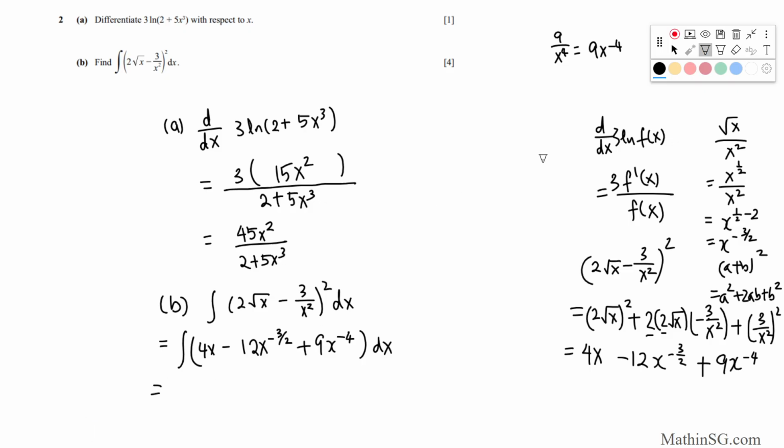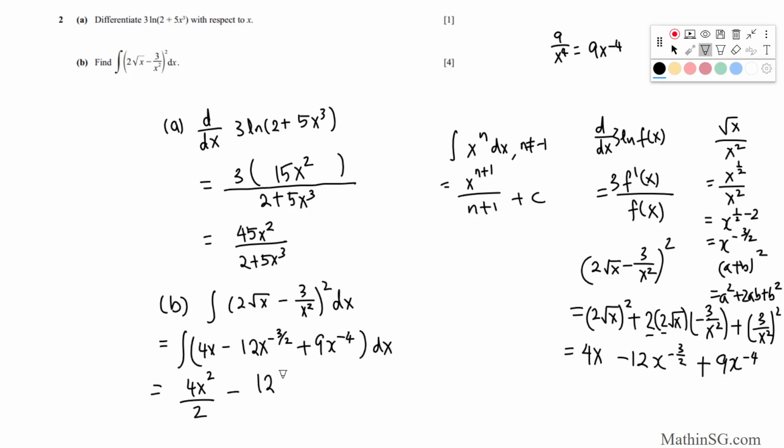Okay, so recall how to do an integration. So if I integrate x to the power of n, where n is not equal to negative 1, then I'll increase the power by 1 and divide by the new power. Okay, so here I have 4x, x is to the power of 1. So now I'll increase its power by 1, so it becomes x squared, then divide by the new power.